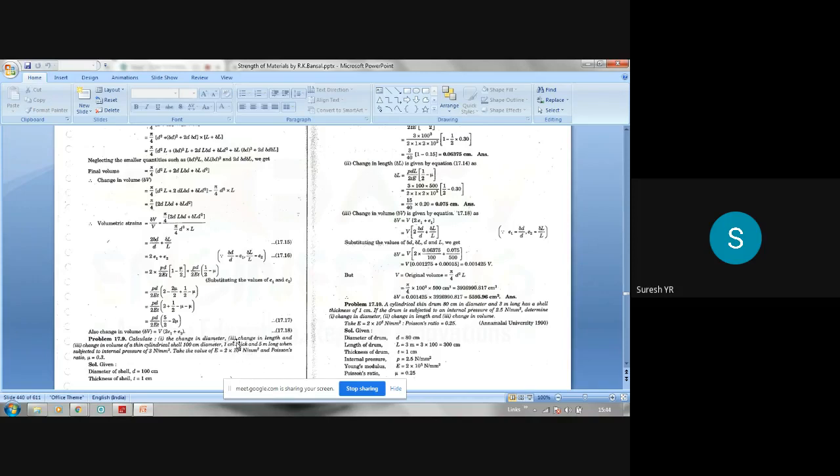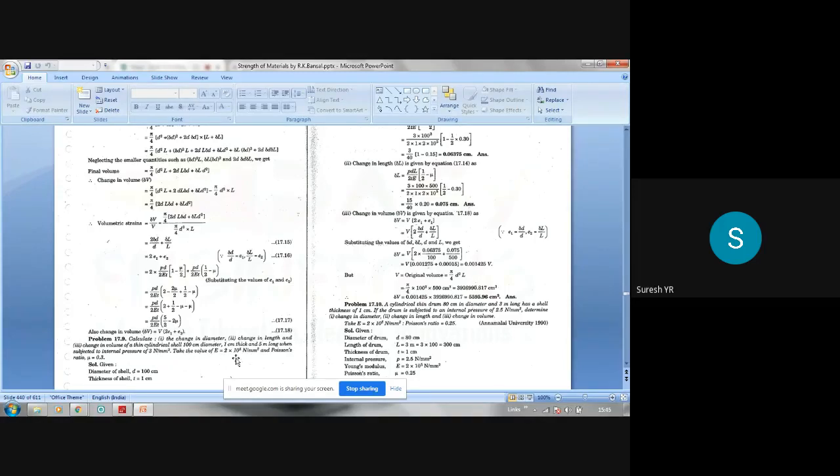And 5 meters long means 5000 millimeter long, when subjected to an internal pressure of 3 Newton per mm square. Pressure will be given in Newton per mm square. That's why you convert everything to Newtons and millimeters.